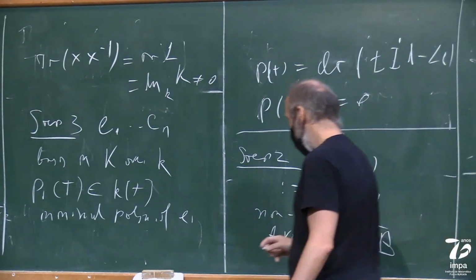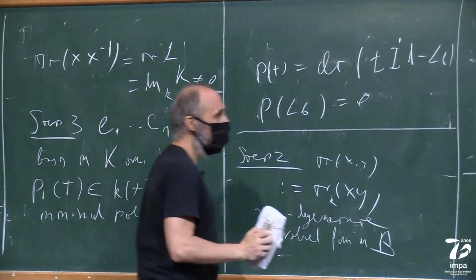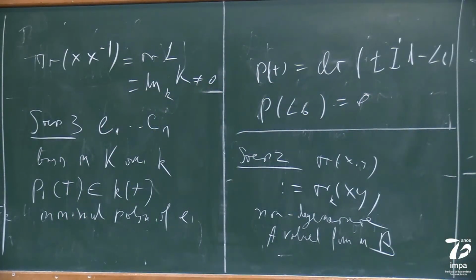Okay, so we have P of t. We can write it explicitly.